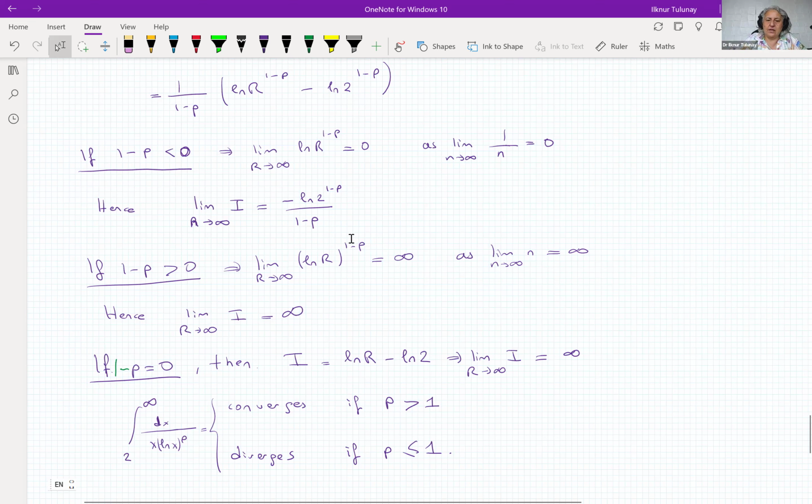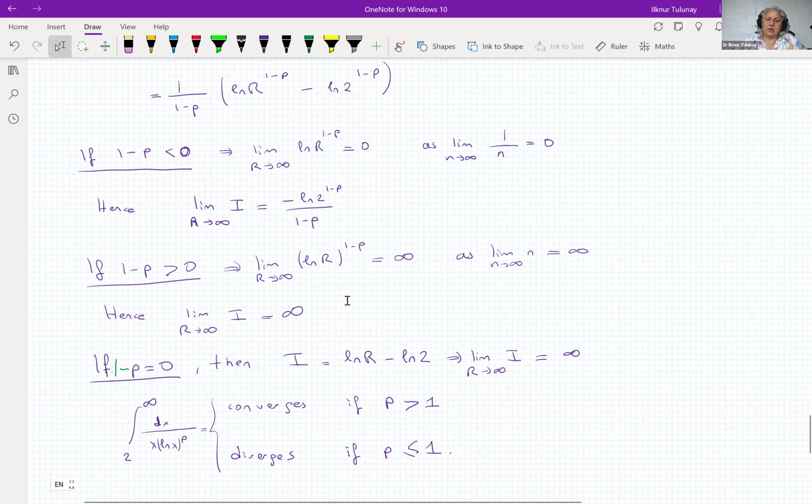But yes, this is the p equal to 1 case. Yes, okay.